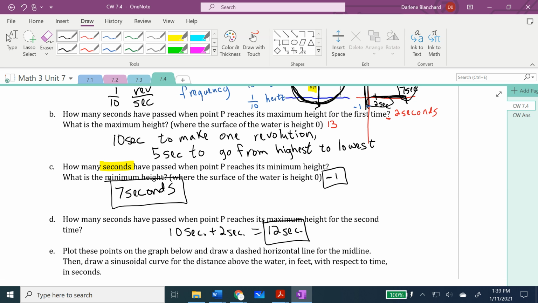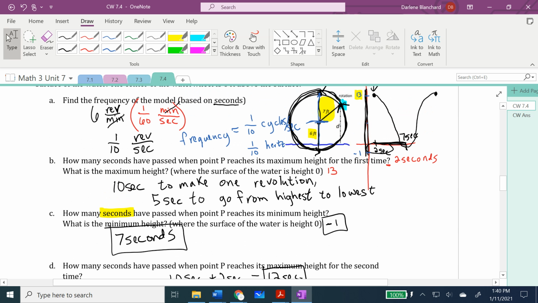And hopefully what this is helping you to do is understand what the nature of the horizontal shift means. Because the horizontal shift of 2 seconds really just allows me to change what time I start looking at. It's actually a lot easier to start the timer 2 seconds later and look at it from there.